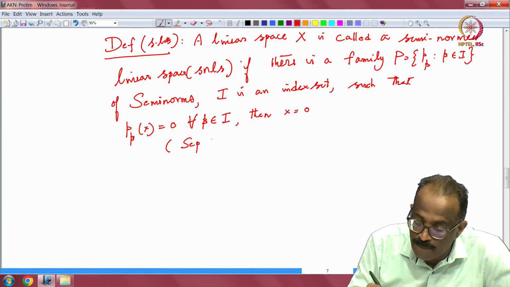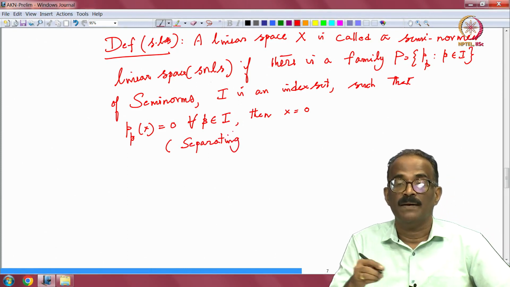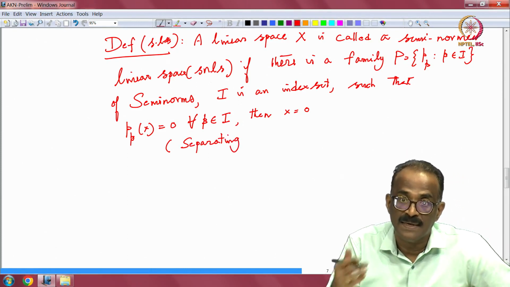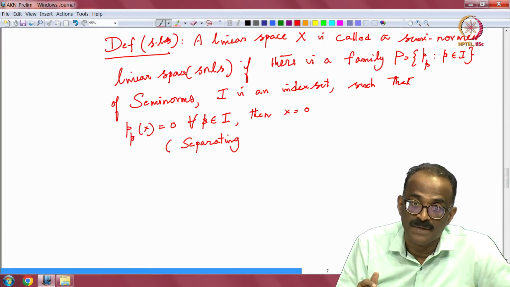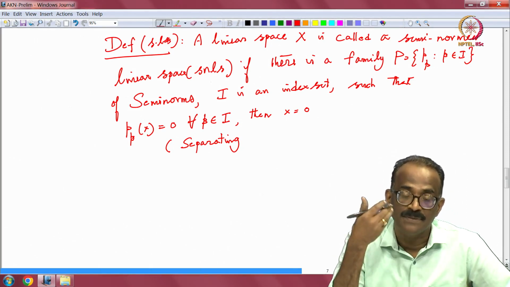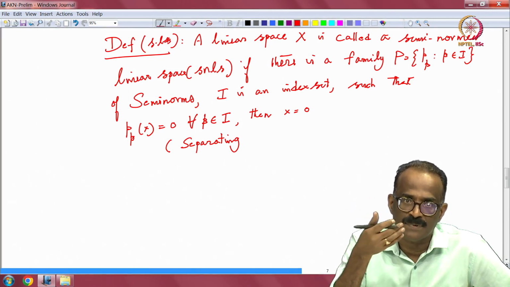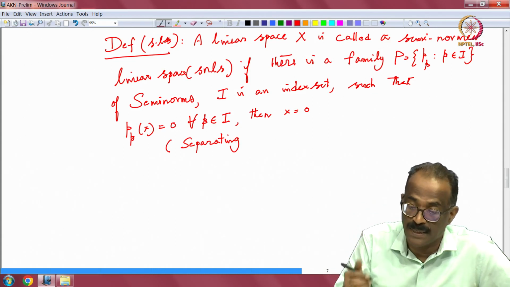You will see that eventually, using that, you can make it a locally convex topological vector space, and it defines a host of topology. To get that host of topology is precisely the kind of separating property you need.